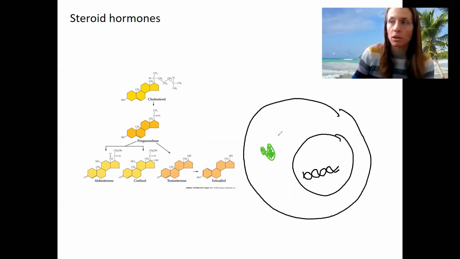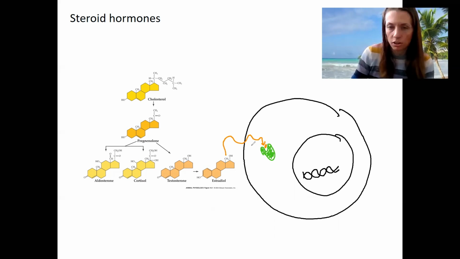When the steroid signals the cell, it's going to actually enter through the plasma membrane. It can do that, right? Because it's hydrophobic. Let's say this is estradiol going in here. This receptor is going to translocate or move to the nucleus.